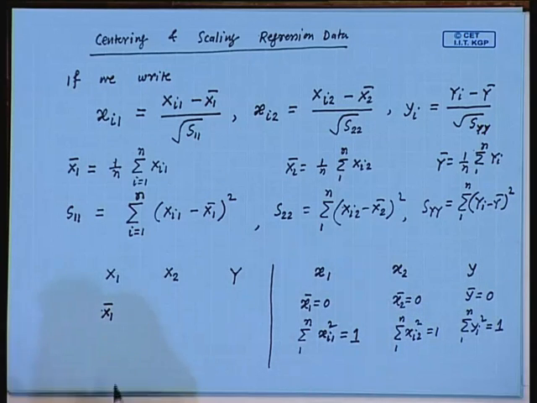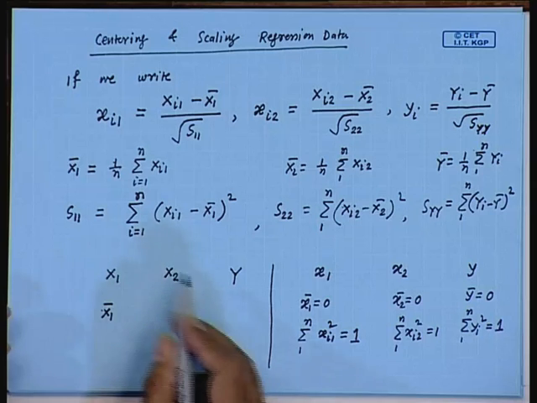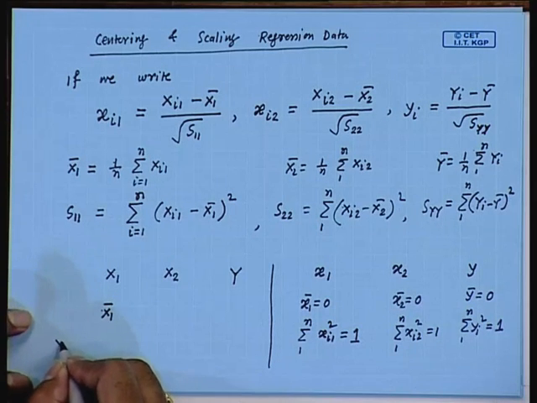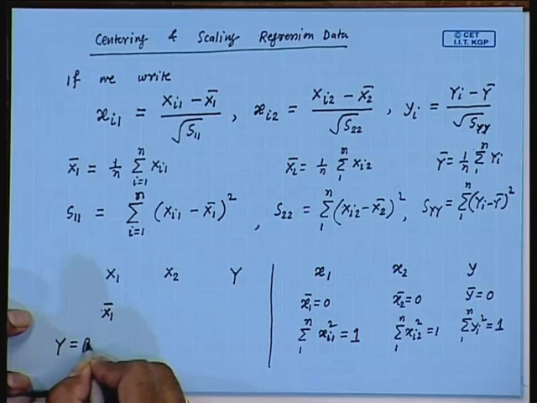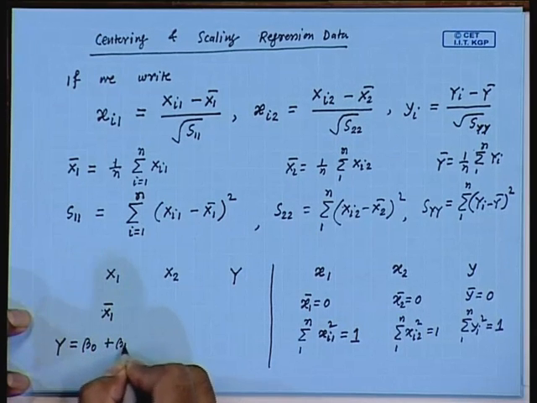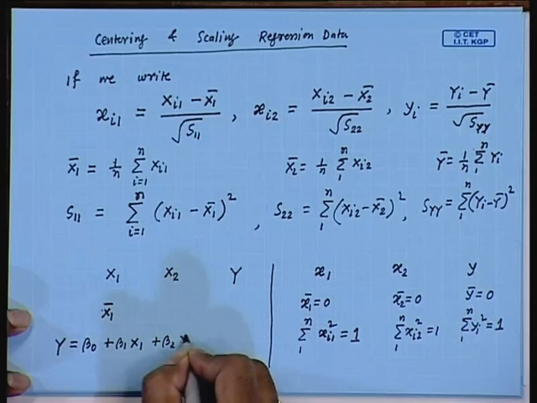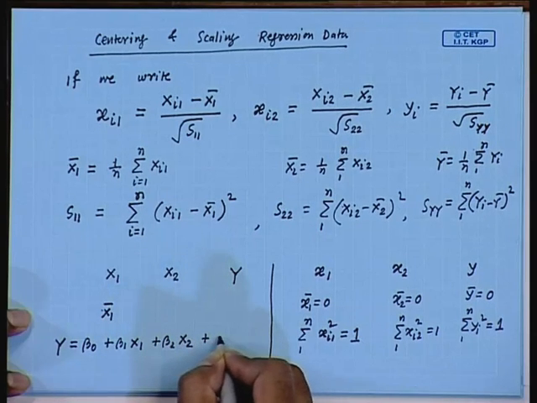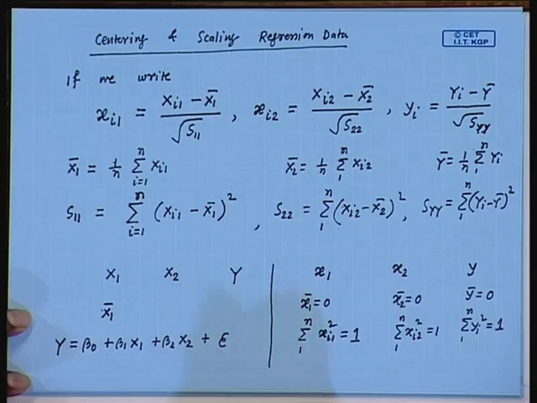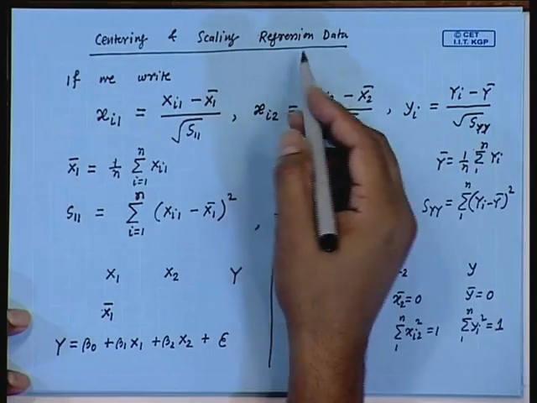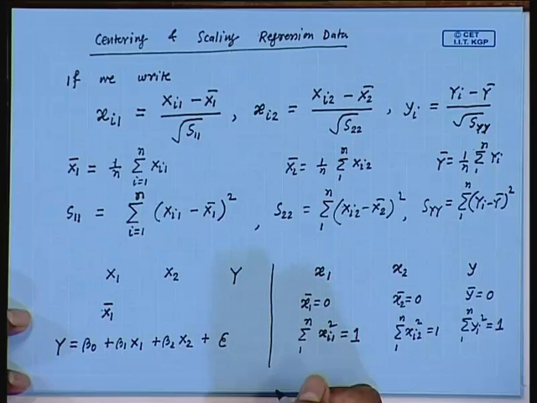Now, the model for the original data is, we wanted to fit this model y equal to beta naught plus beta 1 x1 plus beta 2 x2 plus epsilon. Well, this transformation is called centering and scaling of regression data.